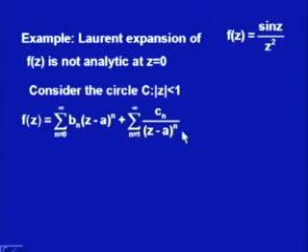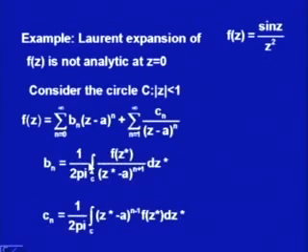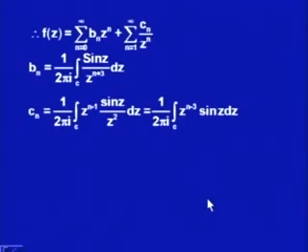So, this is in negative powers of z minus a, and this series is in positive powers of z minus a, and here we have to consider that modulus z is positive, and the formulae for b_n and c_n are obtained as we have already done.